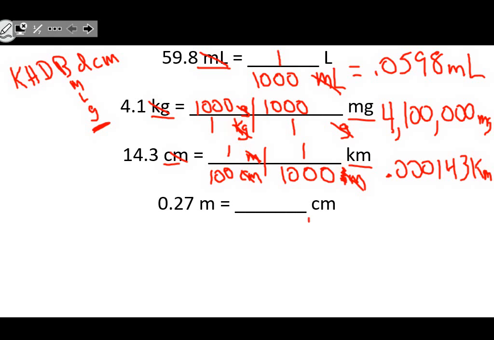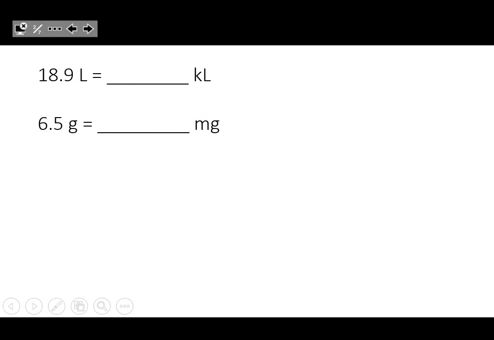All right. A little bit easier one. Meters to centimeters. So meters are larger, 100 times larger. So we should end up with 27 centimeters. Okay? All right. 2 more. All right, so we got liters to kiloliters. Once again, liters goes on the bottom to get rid of that. Kiloliters is larger. It is 1,000 times larger.